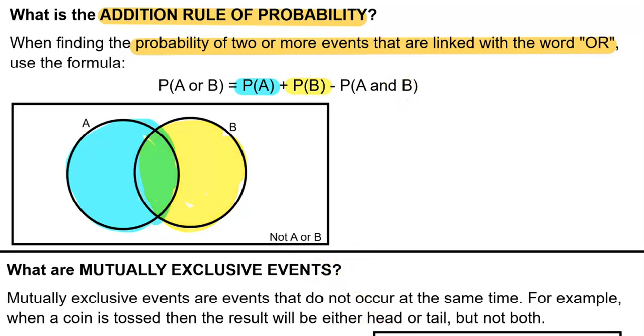And then I'm going to subtract where A and B overlap. That's this space right here in the middle. You can already see it's green.